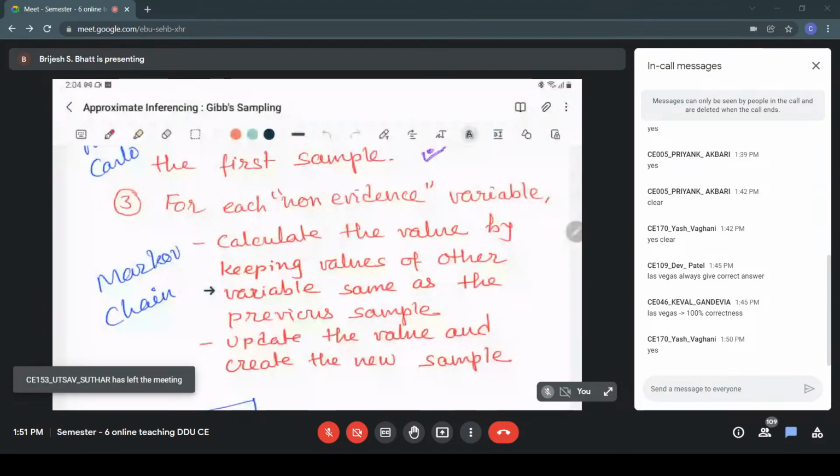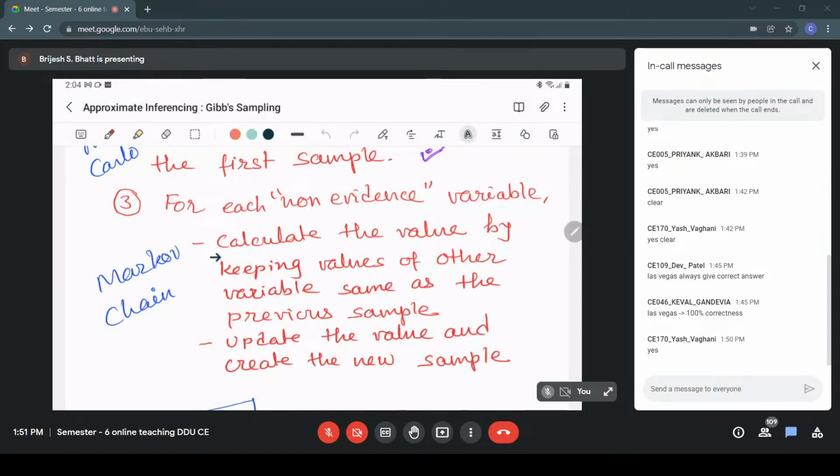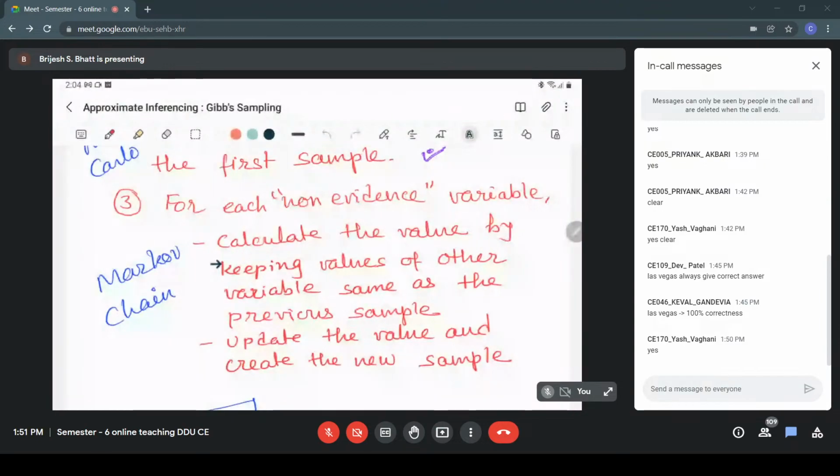Then take out one random variable and try to calculate its value, believing that all the other random variables' values are correct. So assume that the randomly generated values are correct, and as per those values, determine the value of the particular random variable you are focusing on, flip that value if required, and then keep repeating this process a sufficiently large number of times, and you will get new samples.